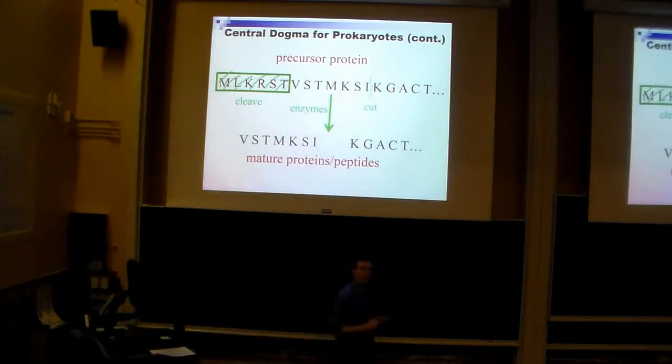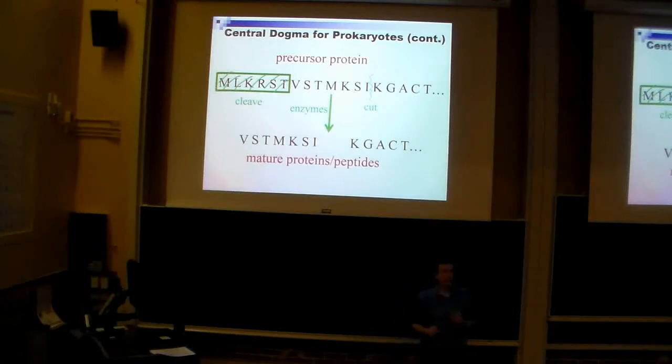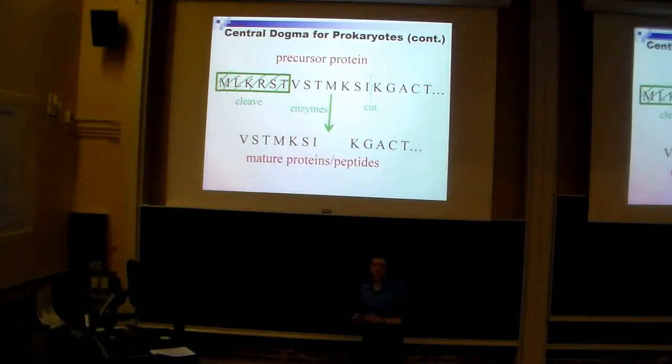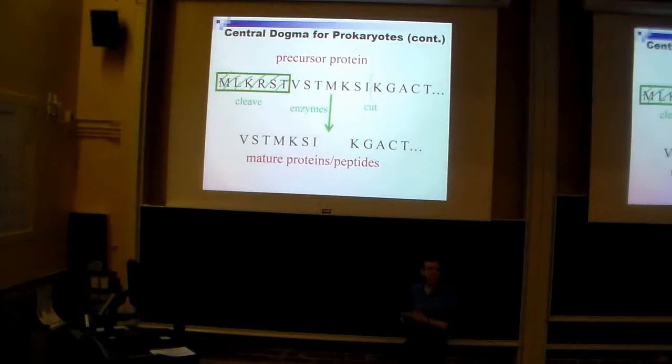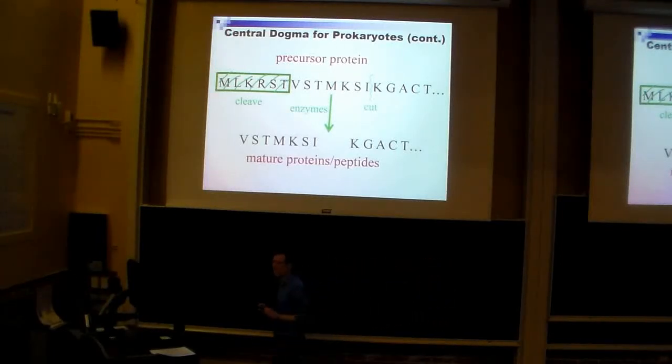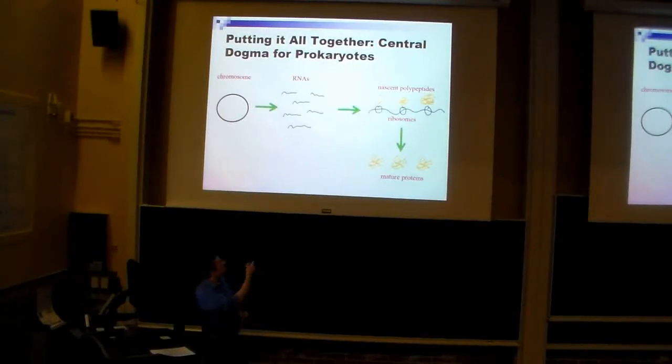And this is going to be another very important point because for the most part today, when we have amino acid sequences, proteins, we have these predicted from looking at DNA sequences. And it's important to know that what's functional in the cell is not necessarily exactly the thing encoded in the DNA. So putting it all together, here's just a quick summary. For prokaryotes, we have circular chromosomes.